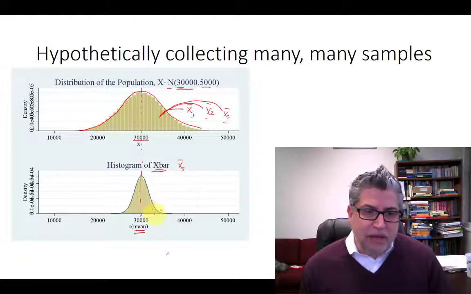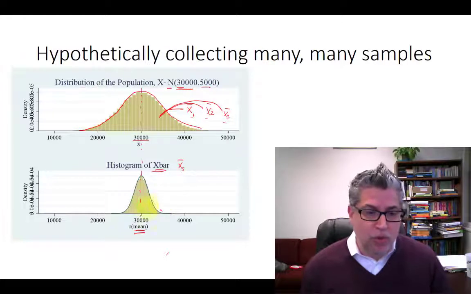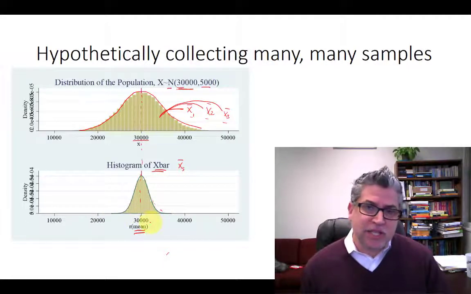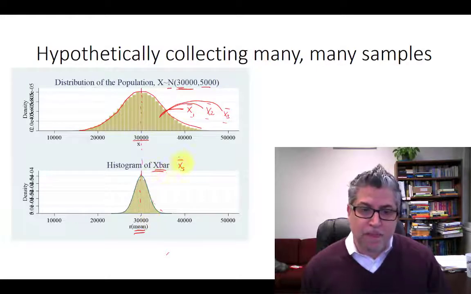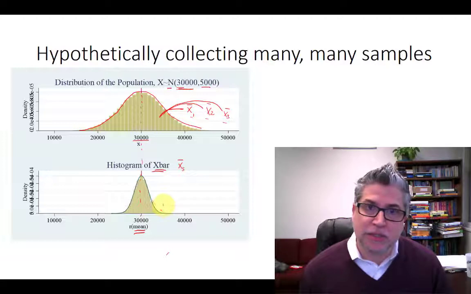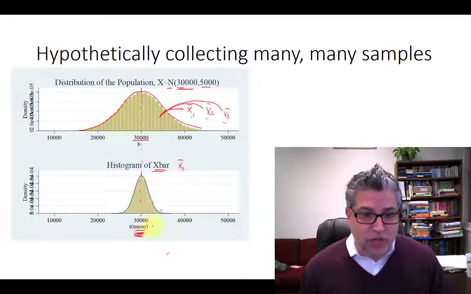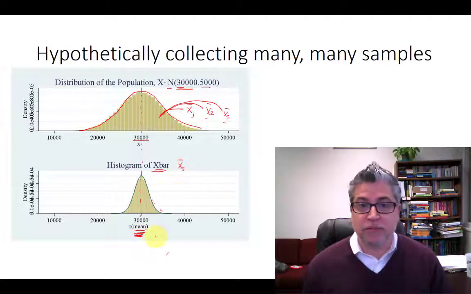The implication of this is that even if you had drawn one sample that might have been randomly a weird one that oversampled really rich people or really poor people, just taking a small sample and calculating the average, that procedure itself is unbiased. In other words, on average, our X bars will be correct.